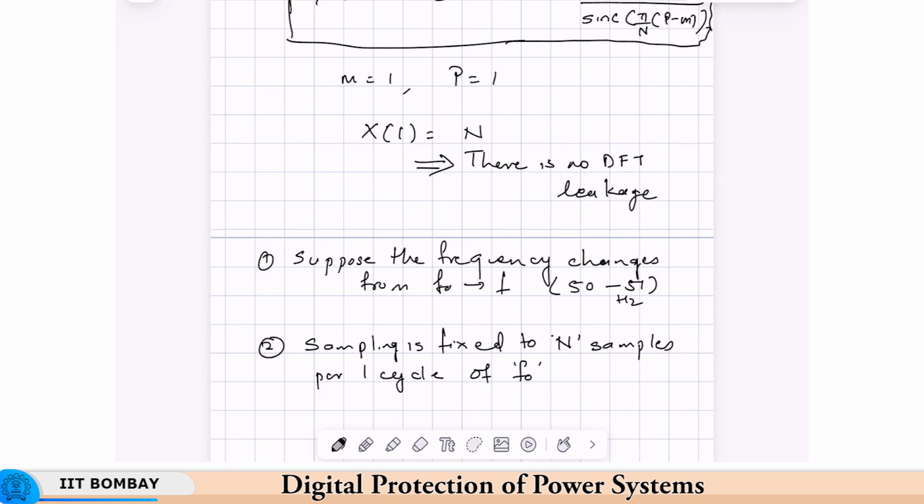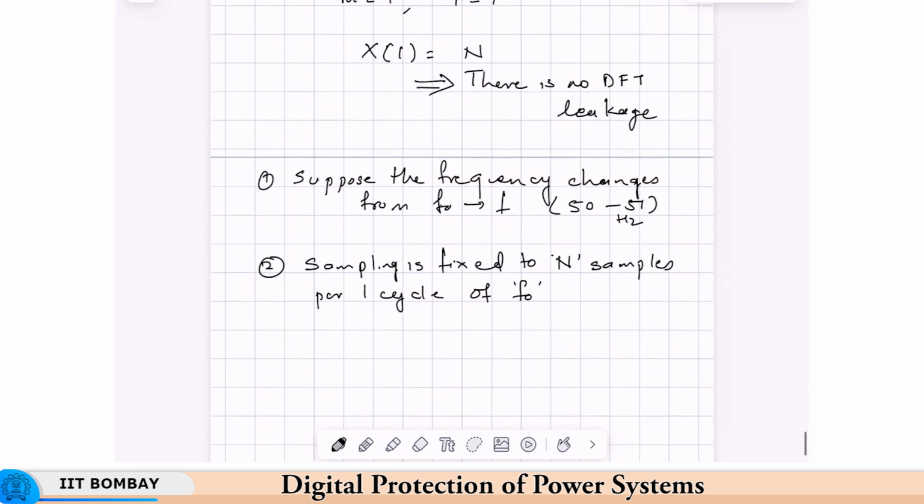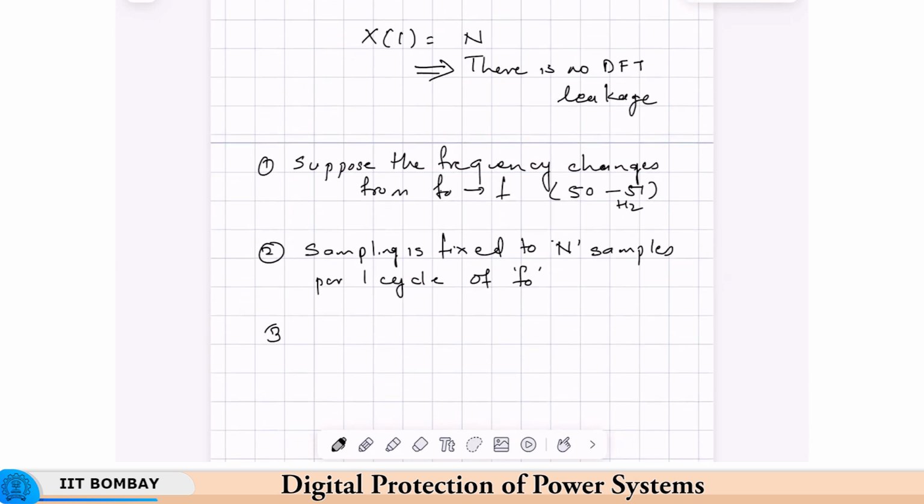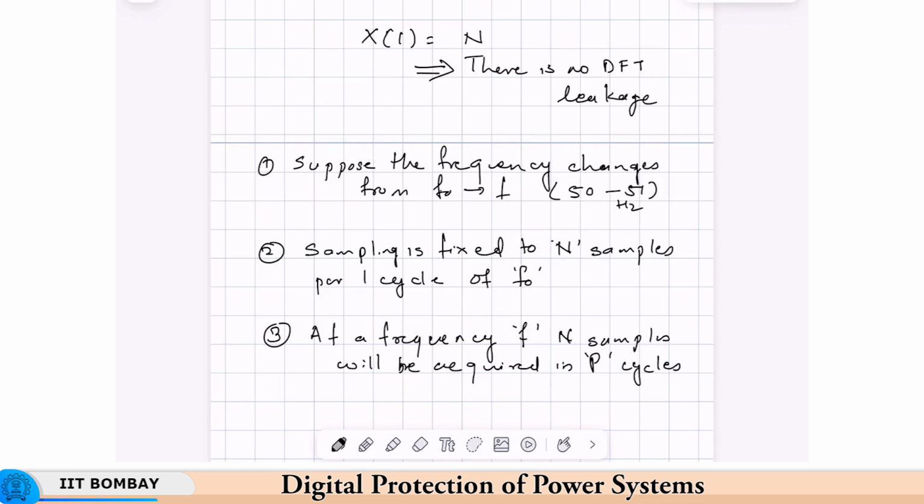Okay. So, what does that imply? Now, at a frequency f instead of f naught, or at the changed frequency, n samples will be acquired in p cycles, okay, where p is equal to f by f naught.